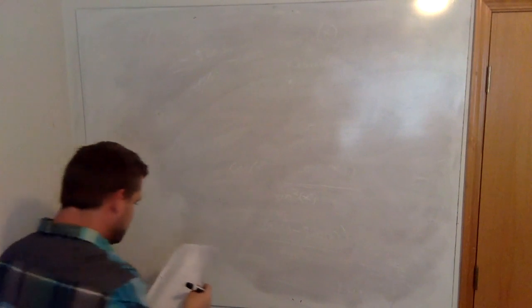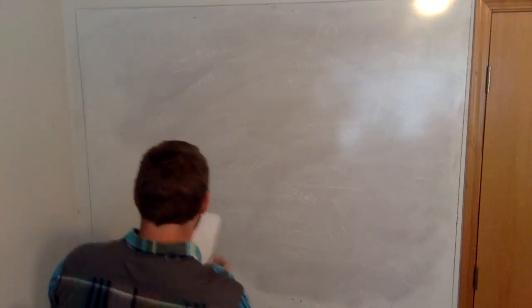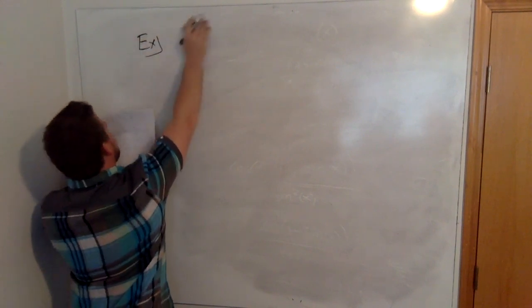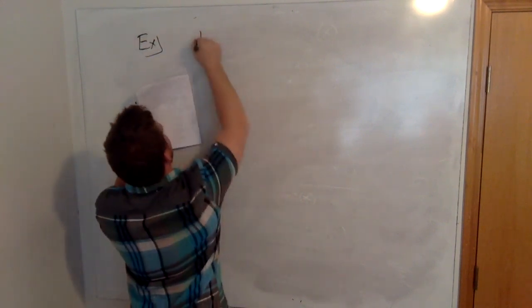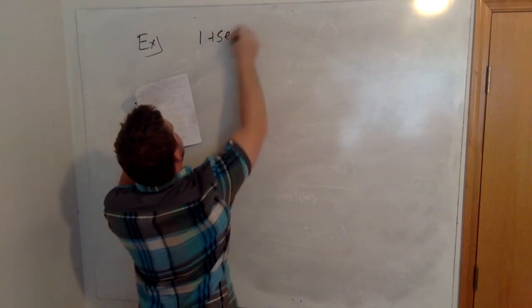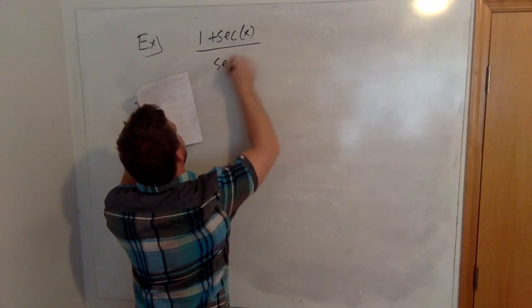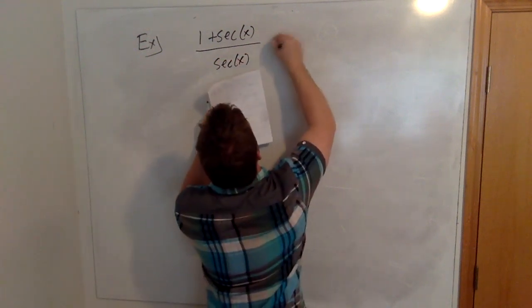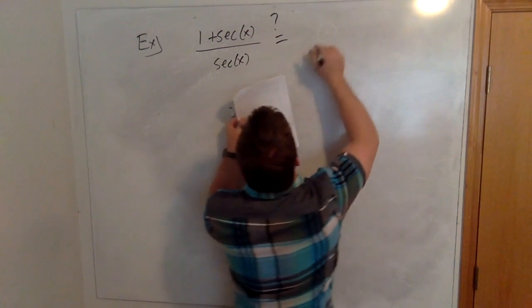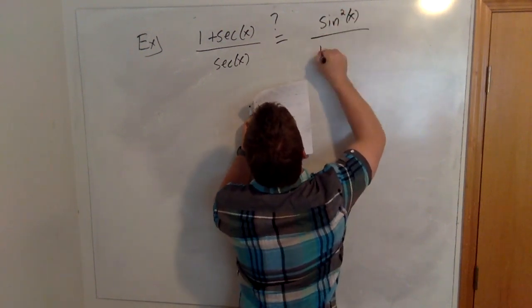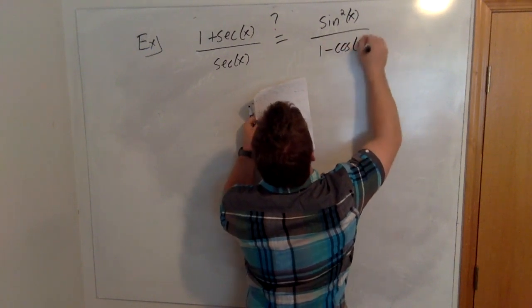Let's do another example. Let's say we want to show that 1 plus secant of x all over secant of x is equivalent to, again we're trying to show this, sine squared of x all over 1 minus cosine of x.